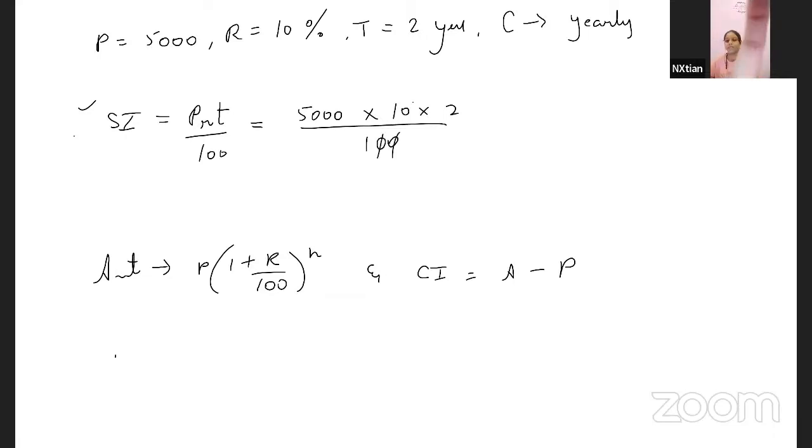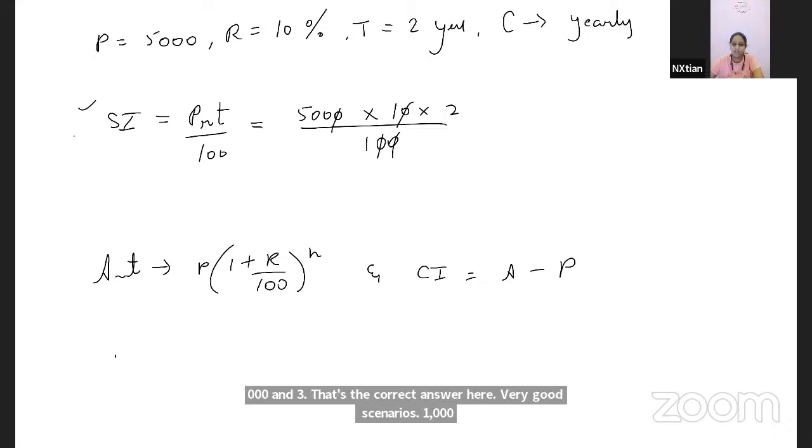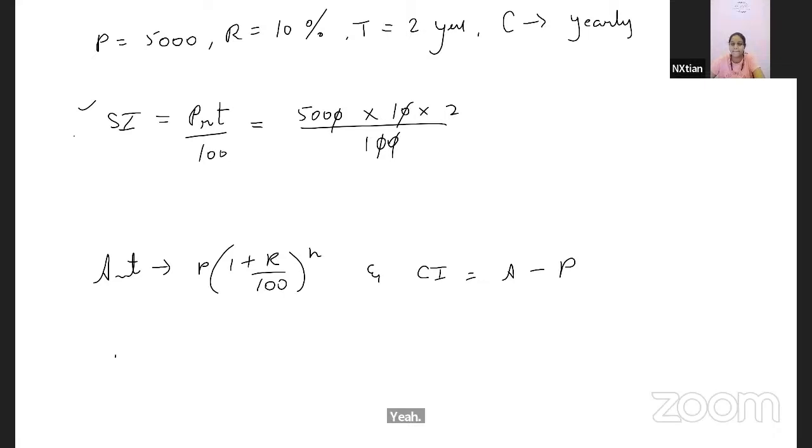Ma'am, CI equals 1,050. 1,050, that's the correct answer. Very good. CI is 1,050. Ma'am, and the difference will be 50. The difference will be 50. Good.